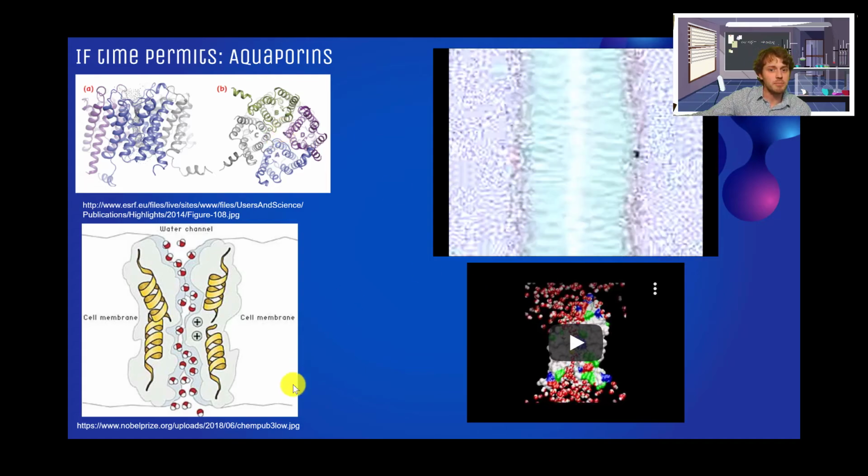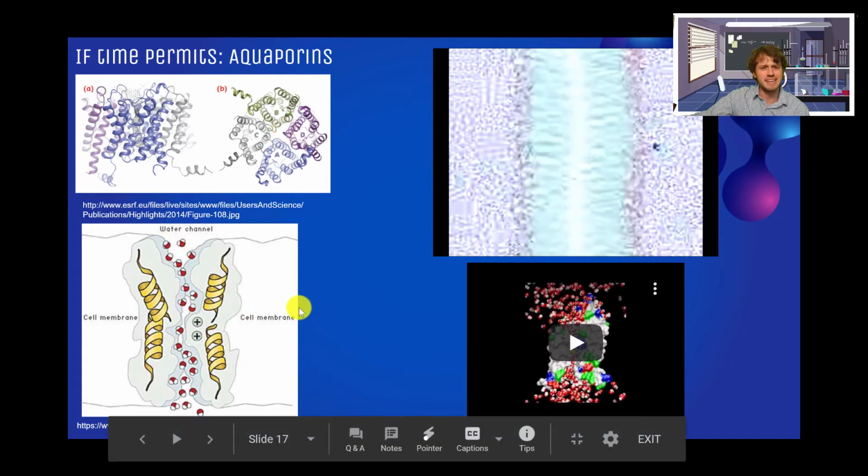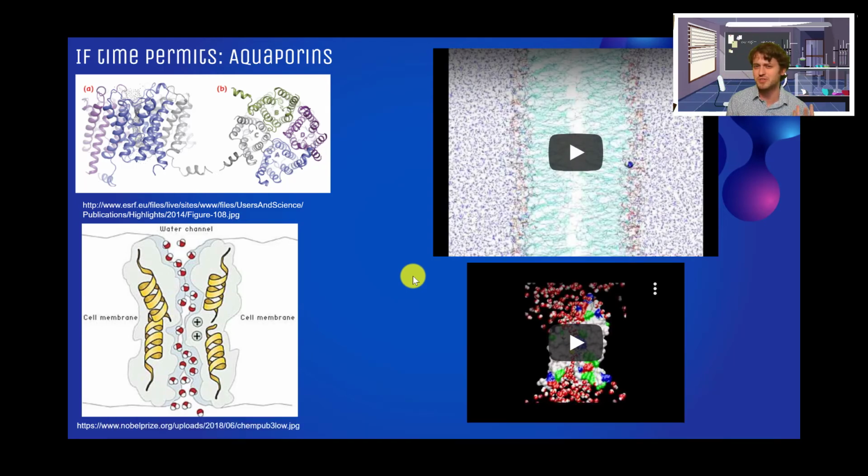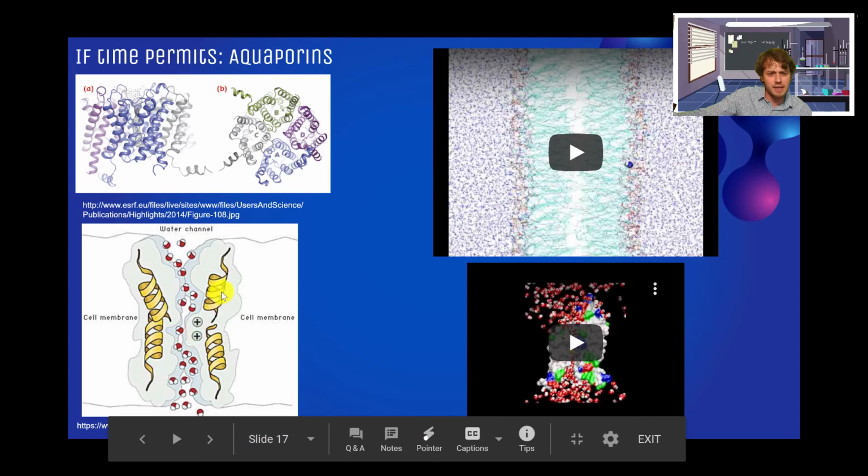Side note that I did want to point out, just because I do think it's fascinating, is like, how do we know that through these channels only water goes through? Okay, and you're like, well, wouldn't other things just be able to also go through? But here is something that is actually really cool. If you look at this channel here, right here on this protein structure, we have these positive charges.